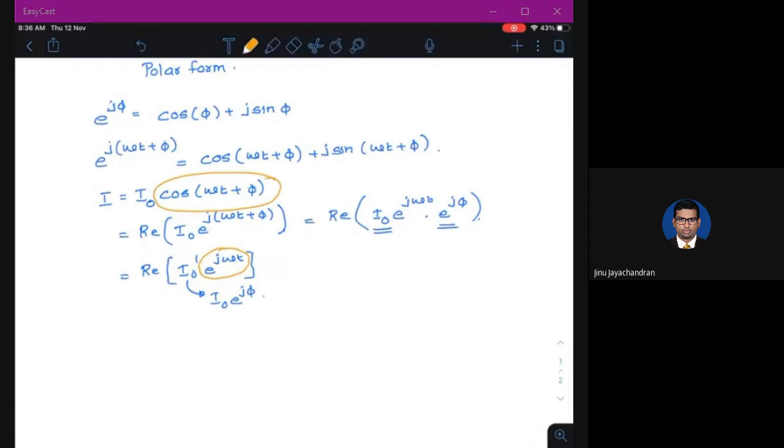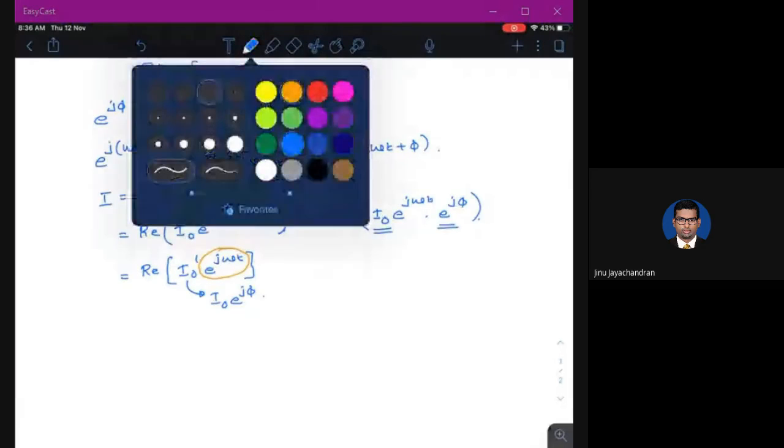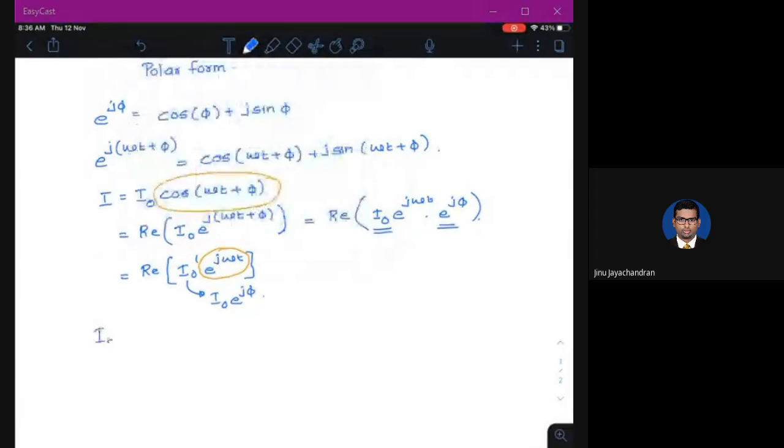So whenever you try to use the value of I, you don't want to explicitly specify that there is this time dependent term because it is already there. Instead, I will just specify that the value of my current in phasor form is IS equal to I0 dash, where IS is the phasor form.